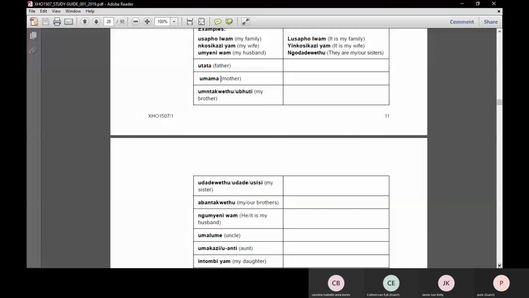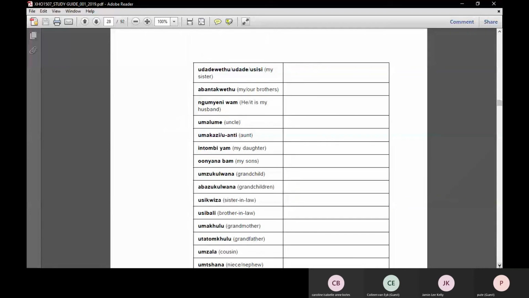Now tell me this is my daughter. Yintombi yam. Yintombi yam is correct. What about my sons? Is it Ngu Onyanabam? No. Try again.